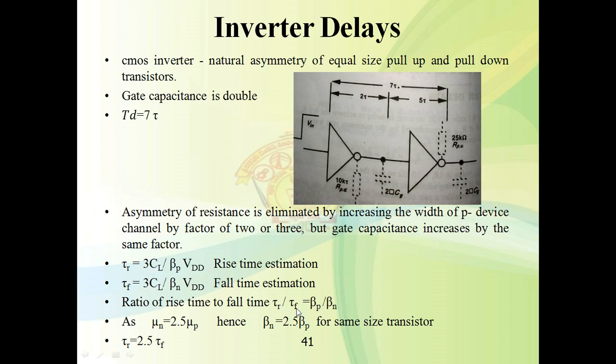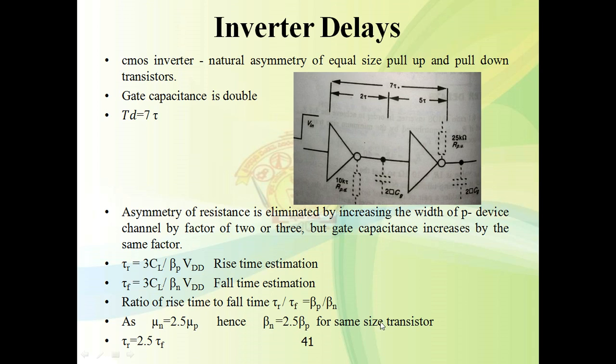Bn depends upon mu n, the mobility of electrons, and Bp depends upon mu p, the mobility of holes, and mu n is equal to 2.5 times mu p. Hence Bn is equal to 2.5 times Bp for the same size transistor.